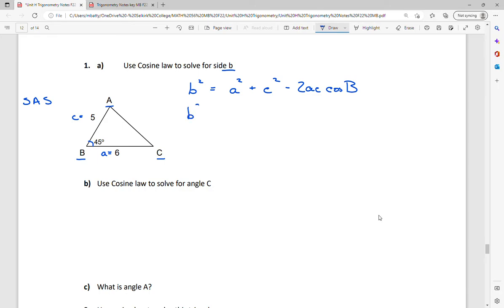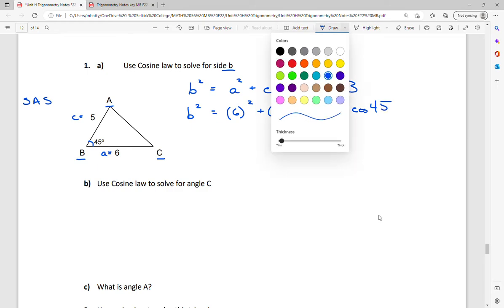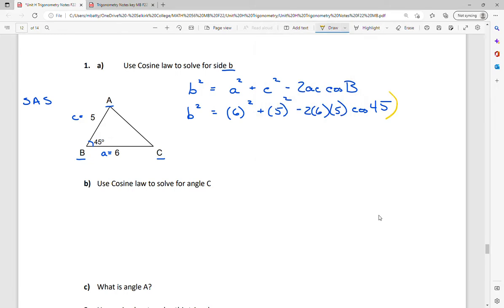So side B squared is equal to 6 squared plus 5 squared minus 2 times 6 times 5 cosine of 45. Putting this in your calculator is pretty cumbersome. In all honesty, I do this part in brackets as I go through it, and that works pretty well.